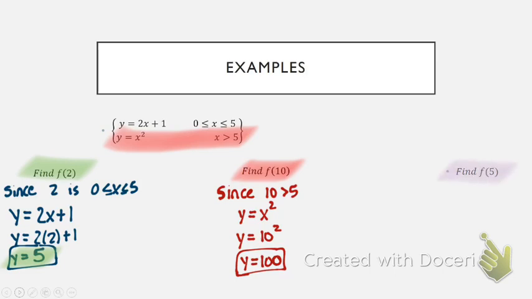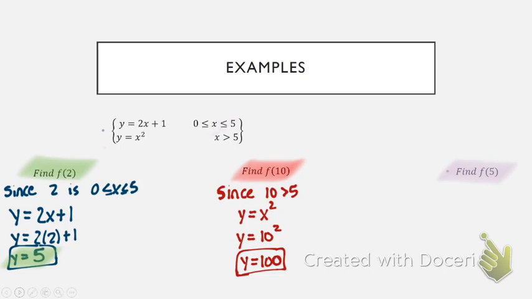The last one is about as tricky as I can get. This last one, I have f of 5. Now 5 is a part of both domains, sort of. The first says x is between 0 and 5. The second interval says x is greater than 5. So we have to determine which of these intervals 5 is actually included in. I need to draw our attention to that right there. This second inequality symbol means that 5 is included.